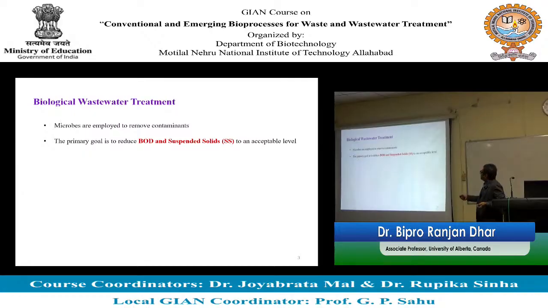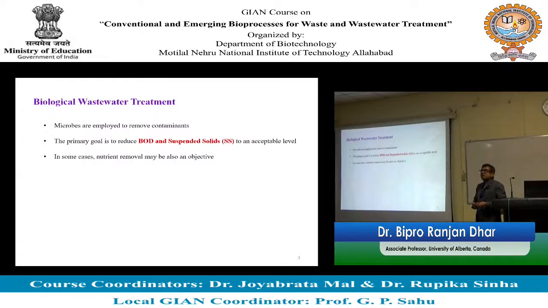Most of the time this is the regulatory guideline, and in some cases nutrient removal may be an objective. If you are dumping your wastewater in surface water, and your treated wastewater contains nitrogen and phosphorus, then it can create problems.